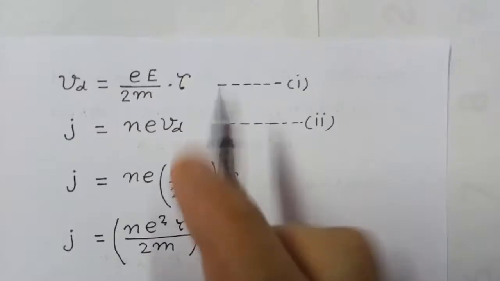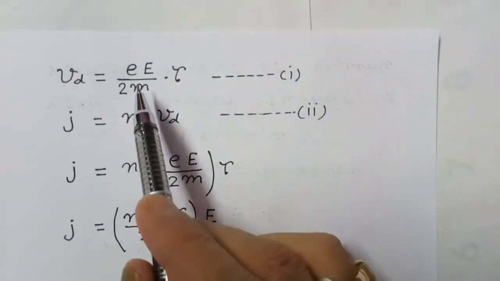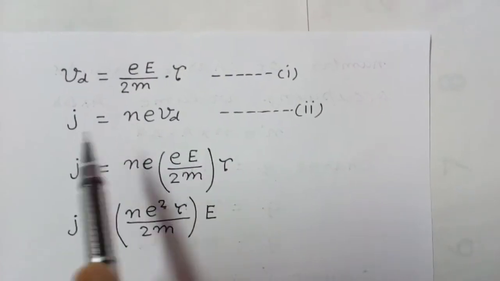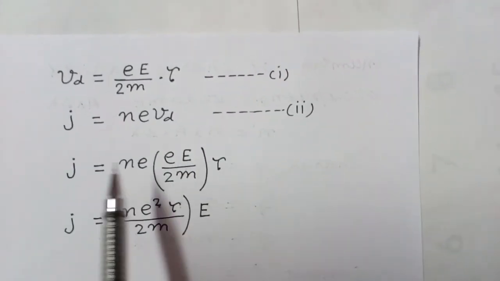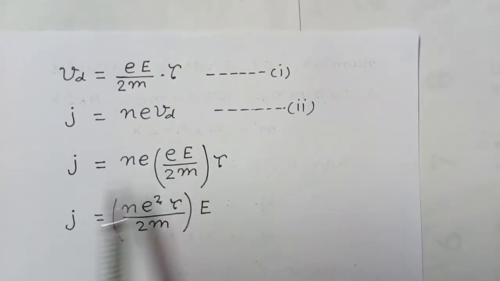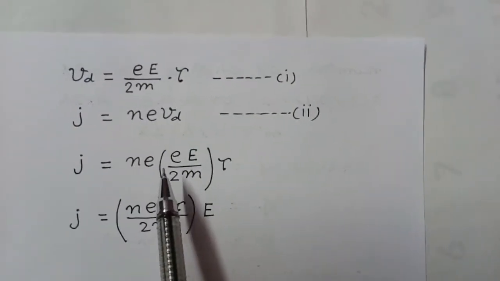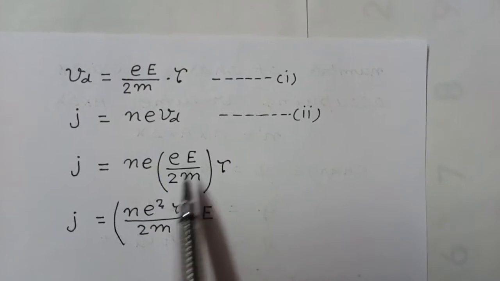Now in the previous video we proved that Vd is equal to small e into capital E upon 2m into tau. Now from here J is equal to neVd. So substitute the value of Vd from the second in the first. J is equal to n into e into small e into capital E upon 2m into tau.